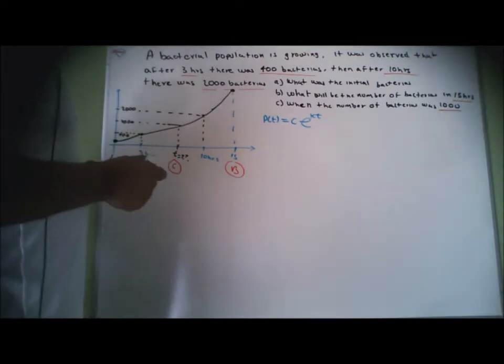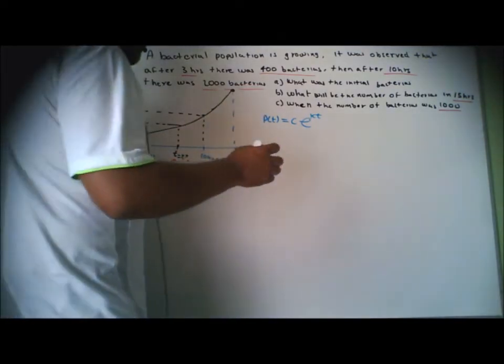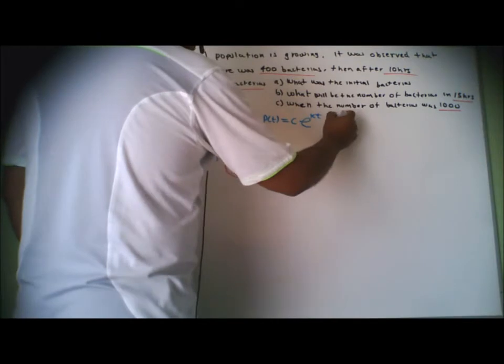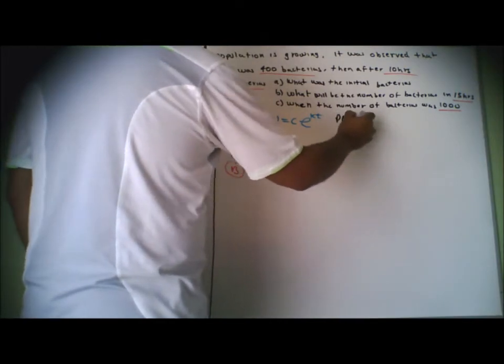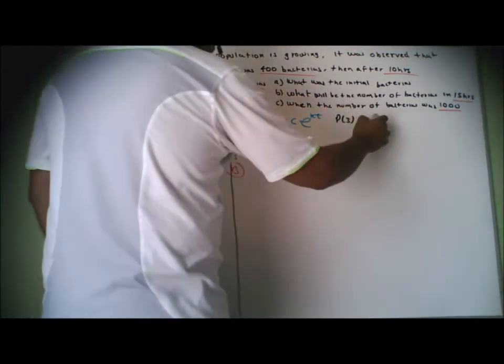Let's replace the value of the first point: P of 3 is equal to 400. But P of 3 is equal to the constant c times exponential of k times 3.